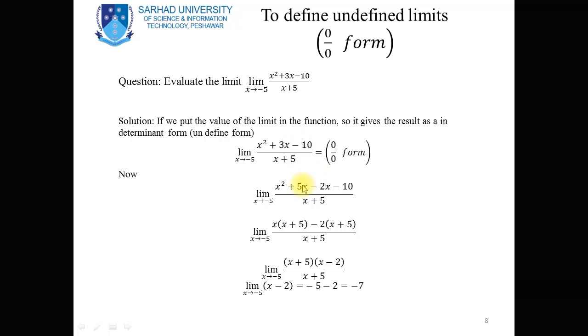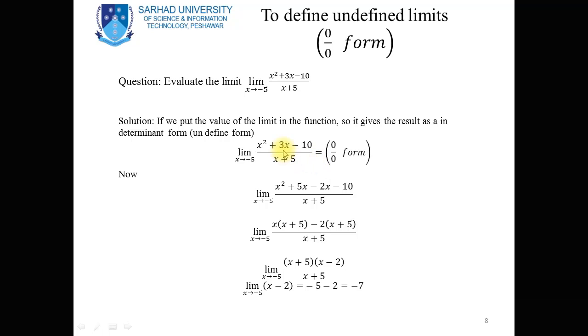So 5 minus 2 gives plus 3, and 5 multiplied by minus 2 gives minus 10. So 5 and minus 2 are the two numbers. This is called factorization by sum and product.